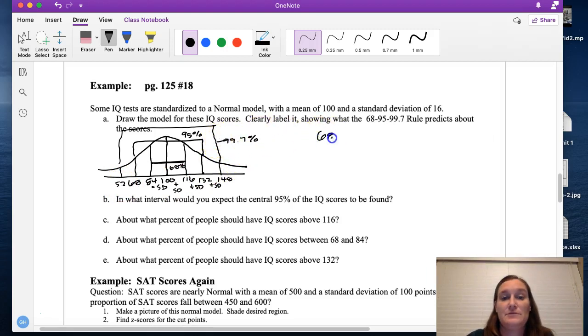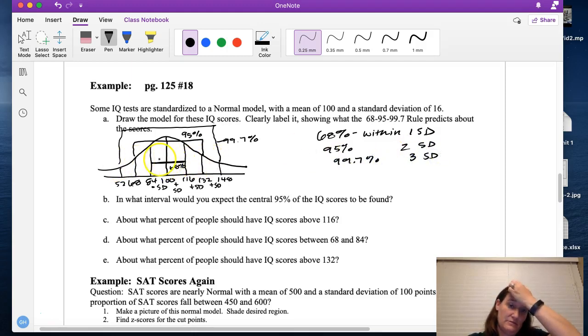So 68% is within 1 standard deviation, one on each side. 95% is 2 standard deviations, and 99.7% is 3. Now you can break this down further, because remember, the mean cuts it in half. So if this is 68%, each half is 34%. And then you can do that all the way down.